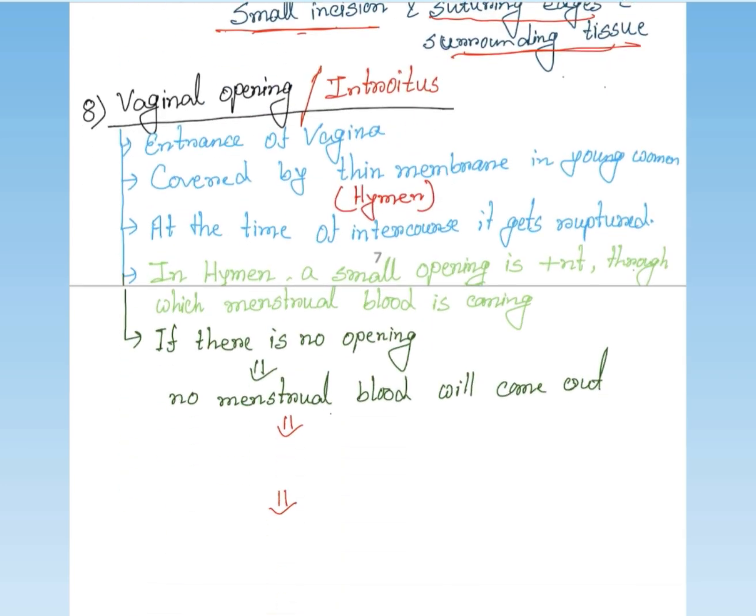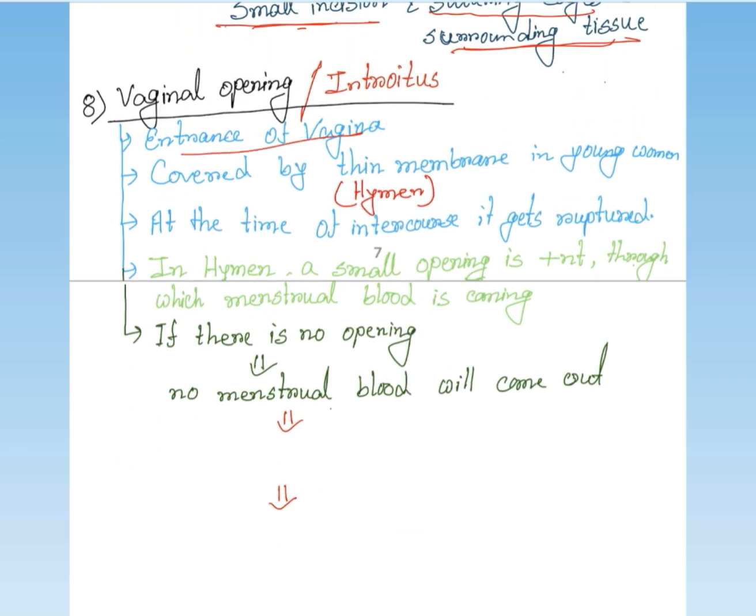So what you need to remember regarding this vaginal opening is that it is the entrance of the vagina. Okay, and the entrance of this vagina is covered with a thin membrane that is called the hymen. So during intercourse, this hymen gets ruptured and perforated, and in case of a young woman, it is partially covered. One small opening is there through which the menstrual blood comes every month.